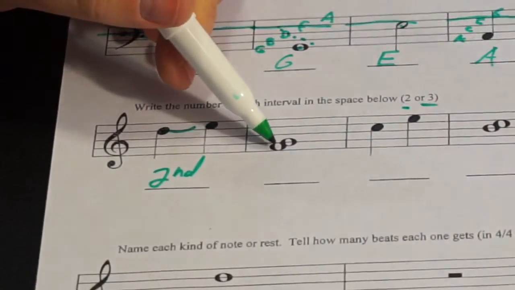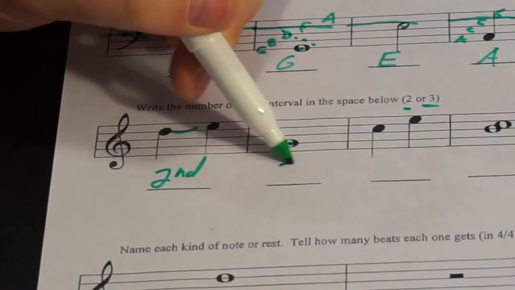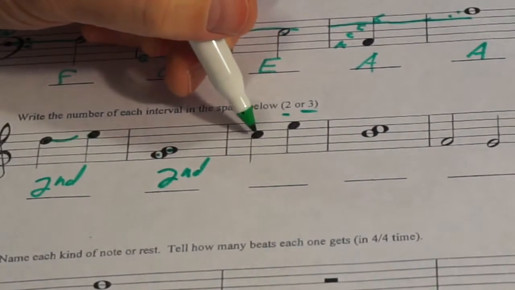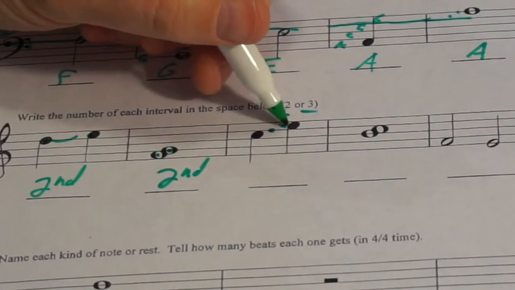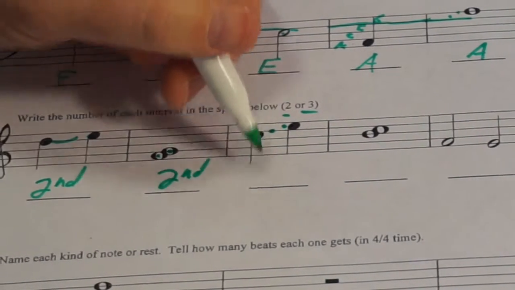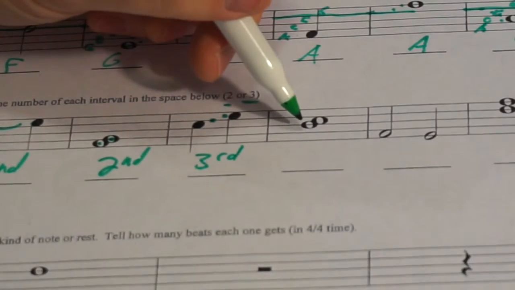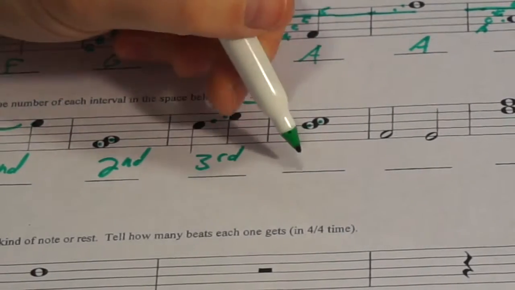This guy right here, 1, up to the next, 2. That's a second. That's really easy. This one, we have 1, 2 is the line, 3 is the space, so this one goes from space to space. It's a third. Really easy so far. This guy is 1, and just up to the next one, 2.